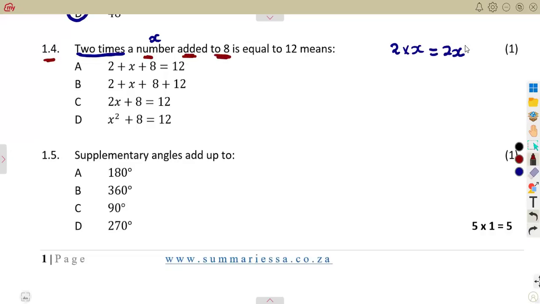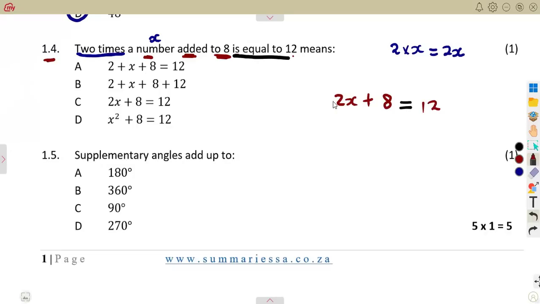To add is to simply take this 2x, and we add 8 on it. 2x plus 8 is equal to, take note, guys, they have an equal there. They are saying is equal to, so there must be an equal sign. It is equal to what? To 12.